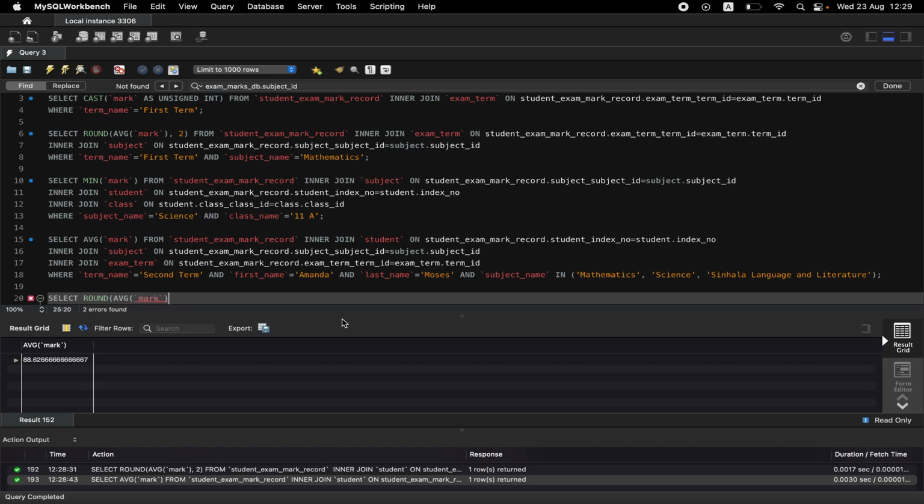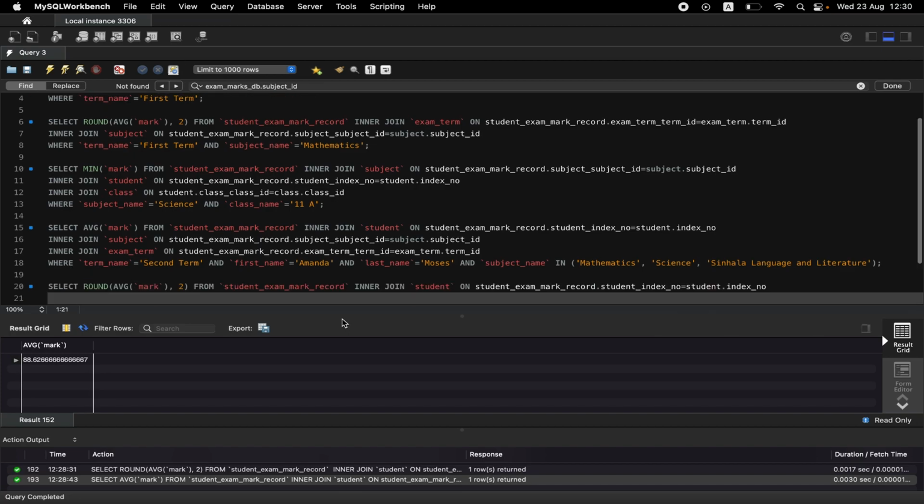Average mark, with two decimal places, from student exam mark record table, inner join student on student exam mark record dot student index number equals student dot index number.